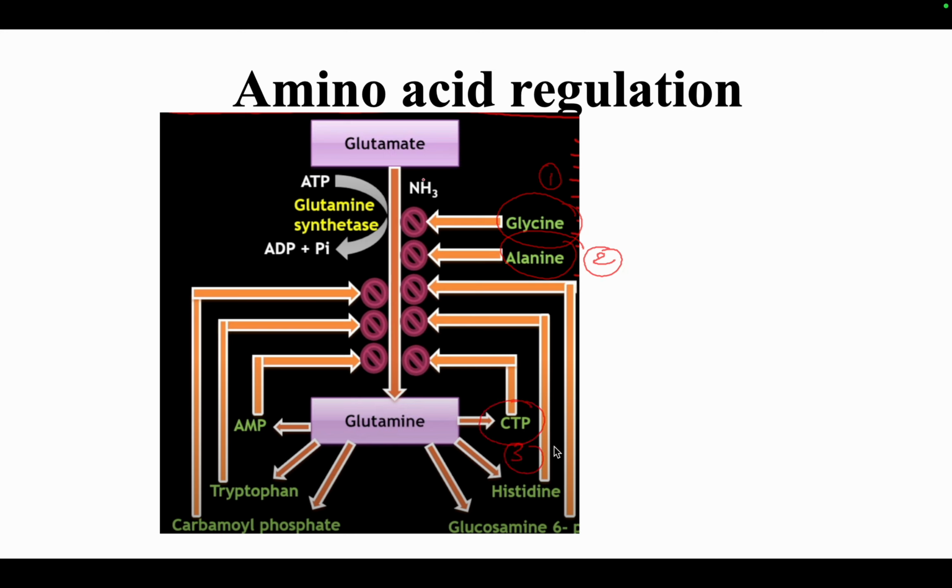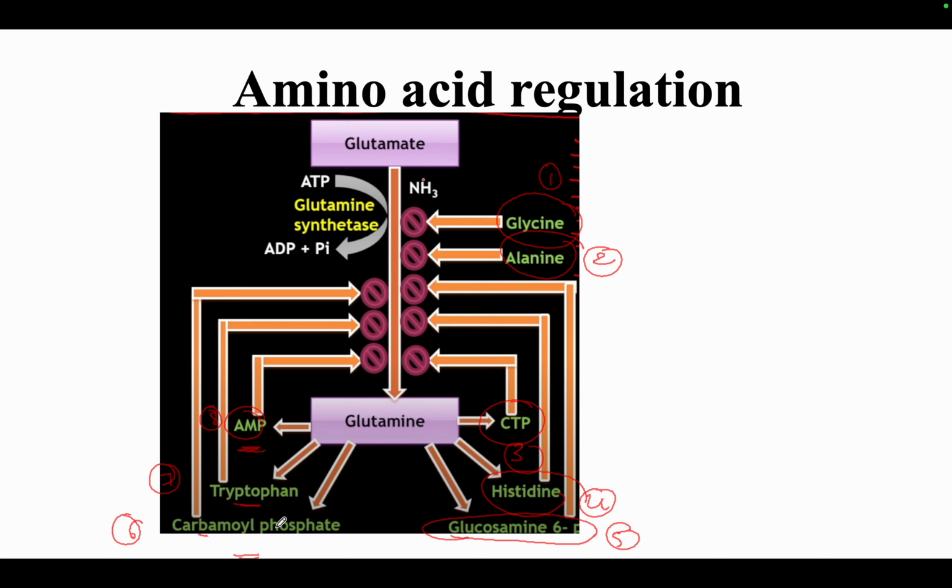It is regulated by histidine, by glucosamine 6-phosphate, by carbamyl phosphate, okay. So it is regulated by these 8 molecules, okay. All these 8 molecules are the byproducts of glutamine synthetase.